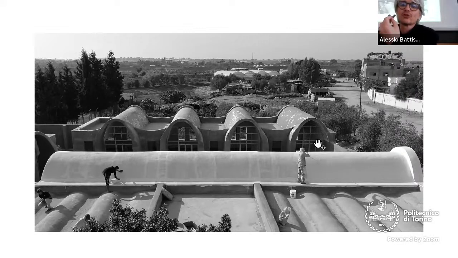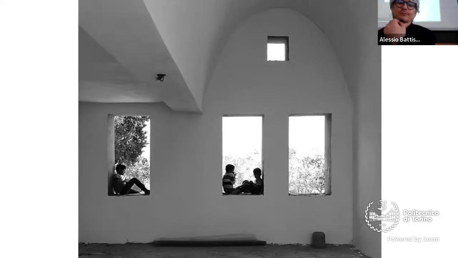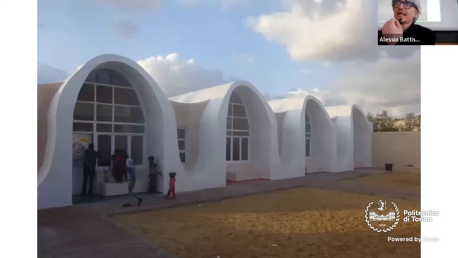It is a porch that protects from the rain, but became also an outdoor classroom. And so each element of architecture has its own function and idea, starting from the culture and environment.